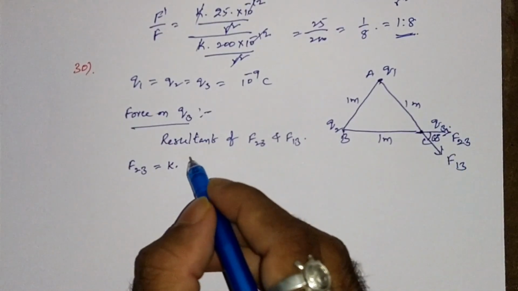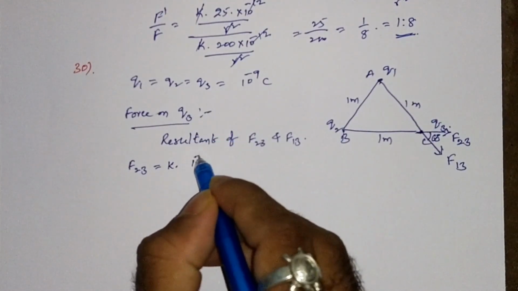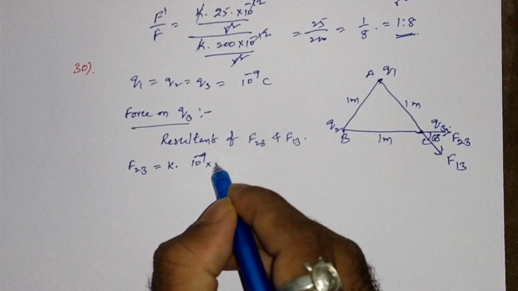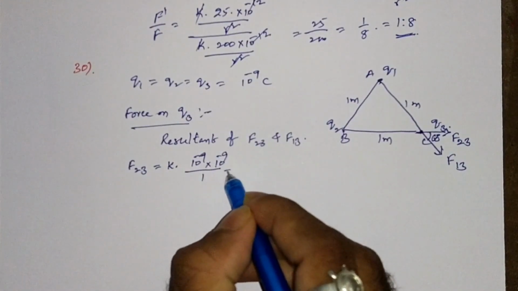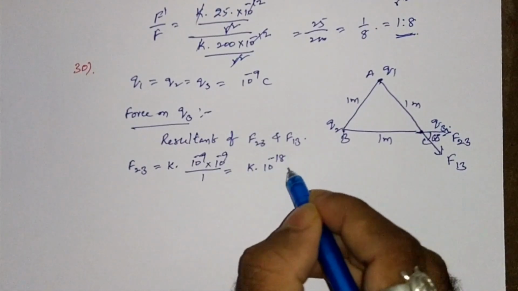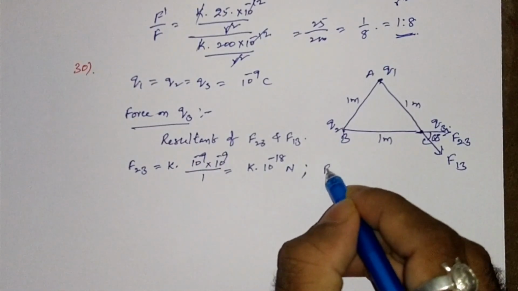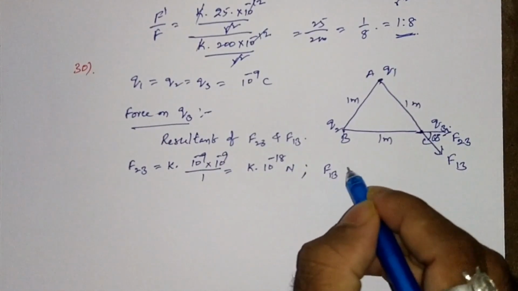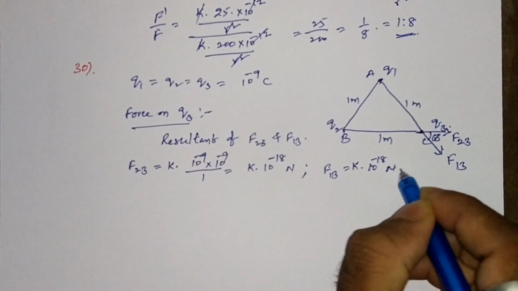Q2 into Q3, Q2 is 10 power minus 9 into Q3, 10 power minus 9, by r square, which is 1. So this is K into 10 power minus 18 newtons. This is F23. Similarly F13 also will be the same, K into 10 power minus 18 newton.